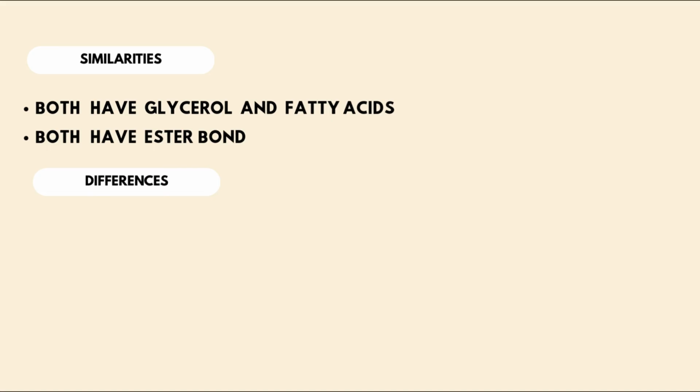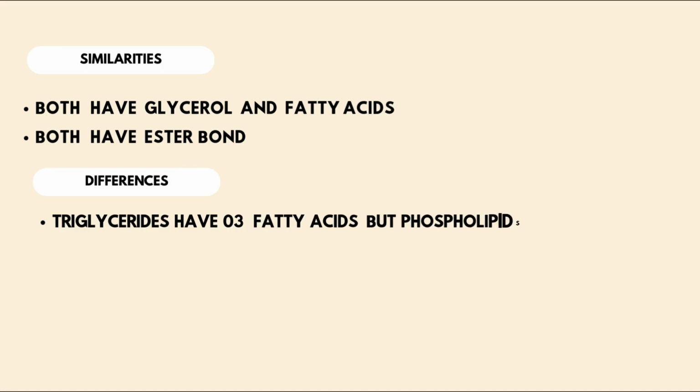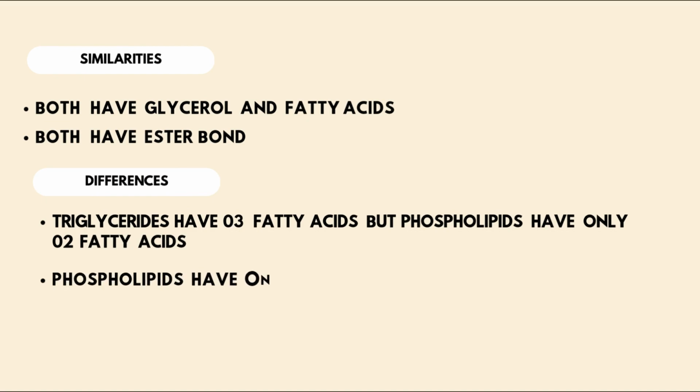For differences, triglycerides have three fatty acid chains, whereas phospholipids have only two fatty acid chains. So the number of fatty acids is different. Also, phospholipid contain a phosphate group which is very special, but triglycerides do not.